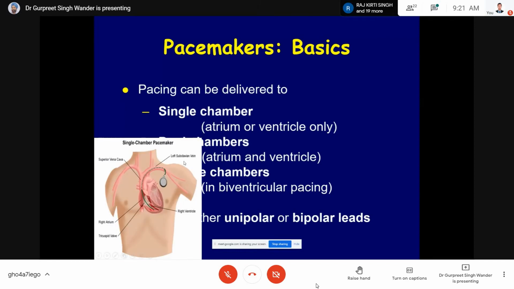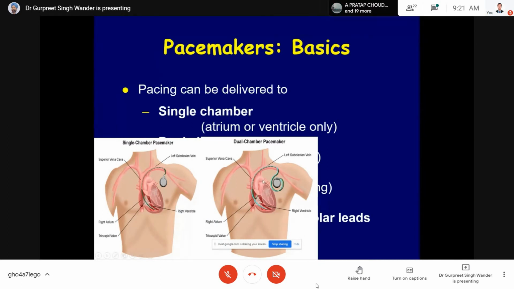As I showed you, there is a vein here which goes to the superior vena cava, the left subclavian, and this is what we puncture, and then we thread this lead, and it reaches the right ventricular apex, and the pulse generator is implanted under the skin in a very simple, small surgery that we do. But a dual chamber pacemaker will have 2 leads. You can see 2 leads here. One lead is in the atrium, the other lead is in the ventricle. So the atrioventricular synchrony, as we would say, is maintained.